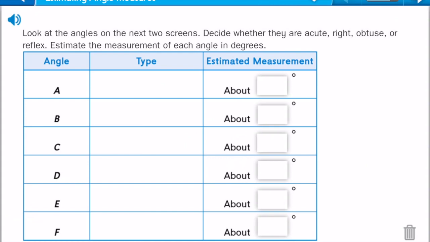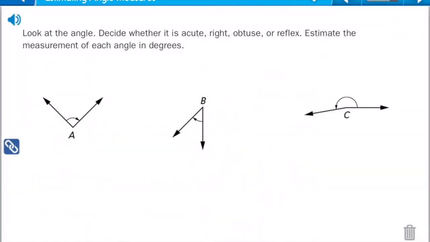Okay, so let's look at A and see what that looks like. All right, we're going to look at each one of these. So if we look at this first one, it's kind of simple, right?